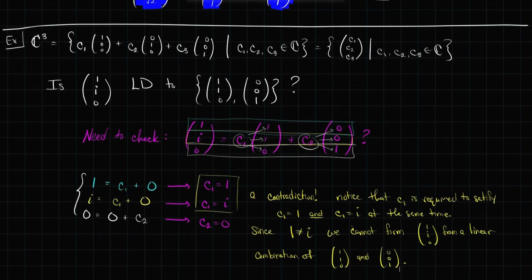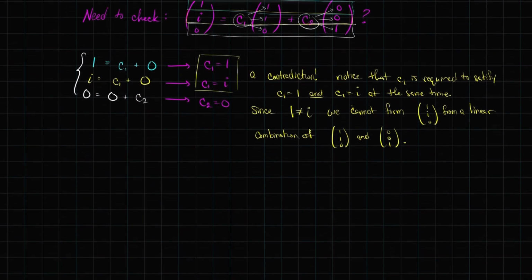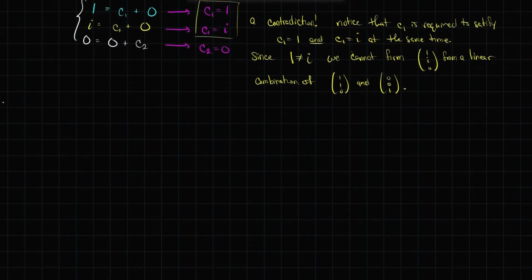Well, if you can't form the linear combination, then the answer is no, we are not linearly dependent. In fact, we are linearly independent. So that is a nice way of checking in a complex situation.